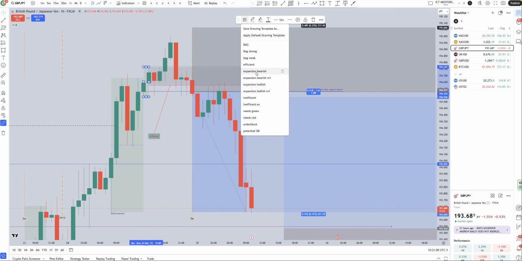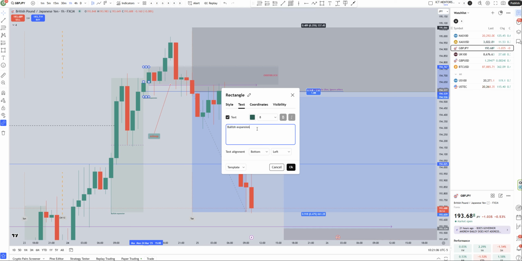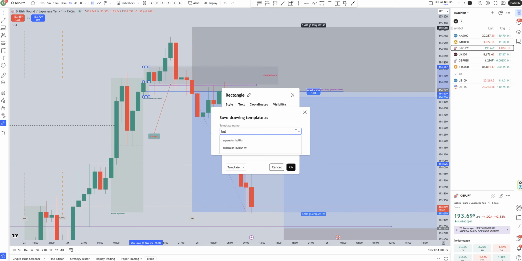Maybe we can have bullish expansion type 2. And we can save it as bullish expansion type 2.